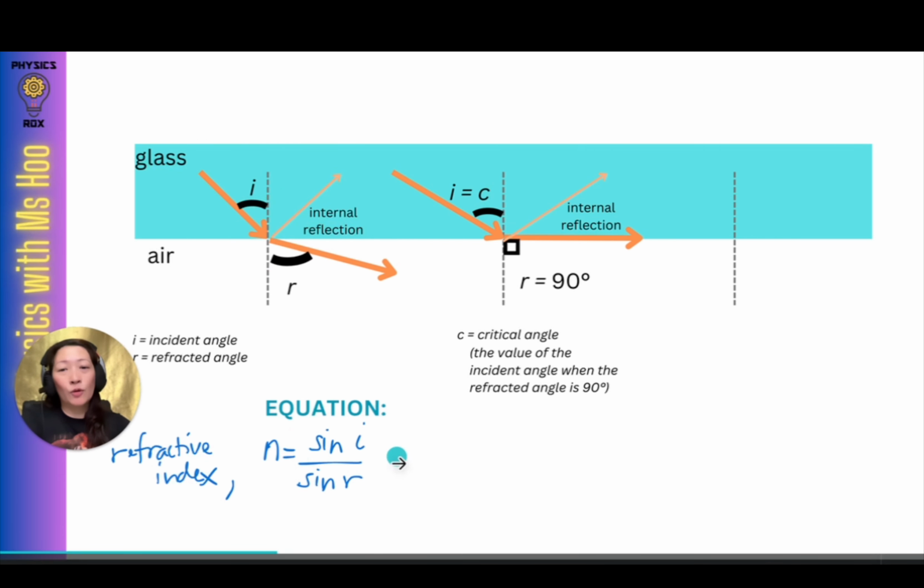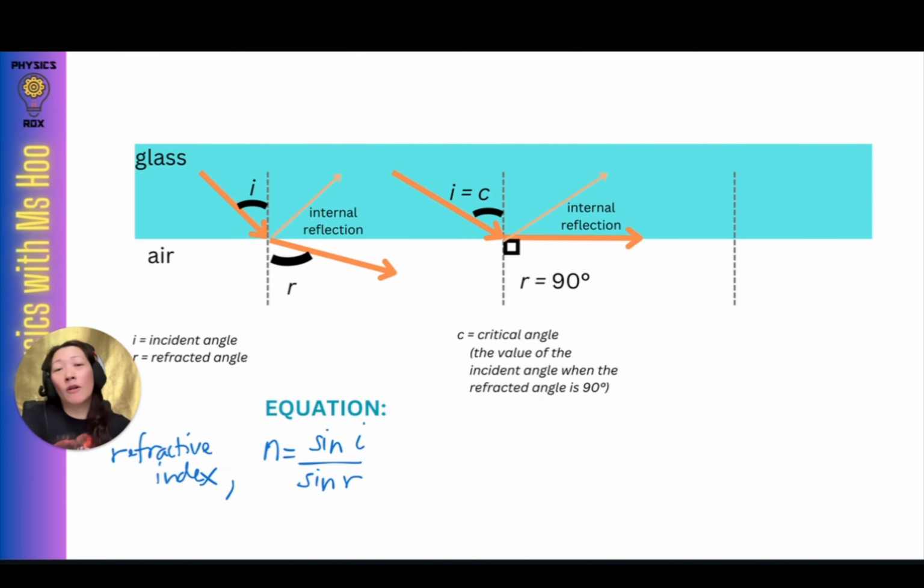As you should have learned, whenever you use this formula, regardless of how the light is traveling, you always take the angle of I in the equation, and only in the equation, as the angle in air, while the angle of R must be the angle within the medium. That means that in this situation, it's actually the opposite. R is going to go on top while I goes at the bottom.